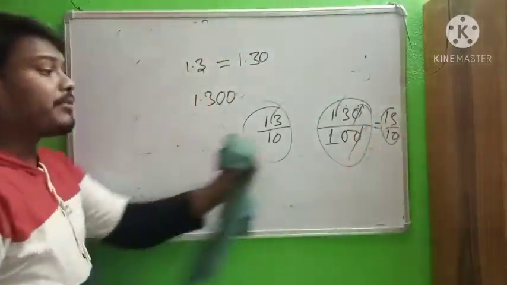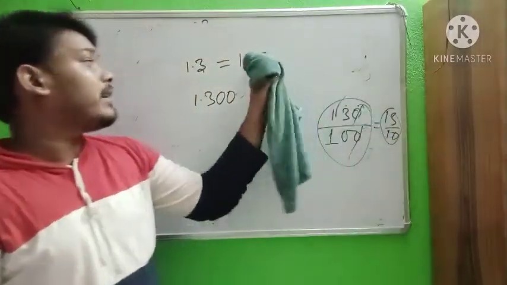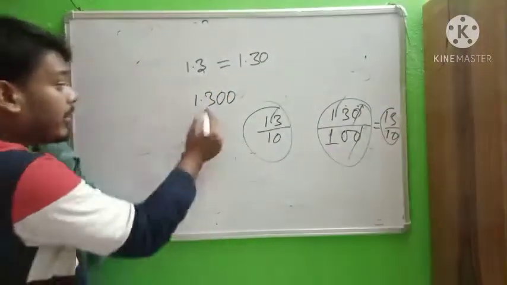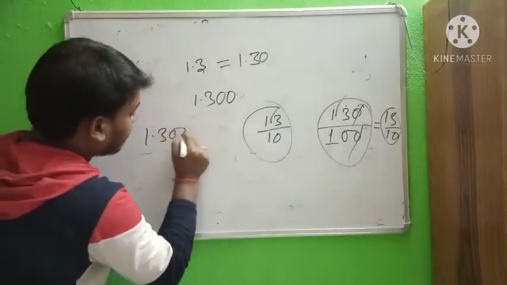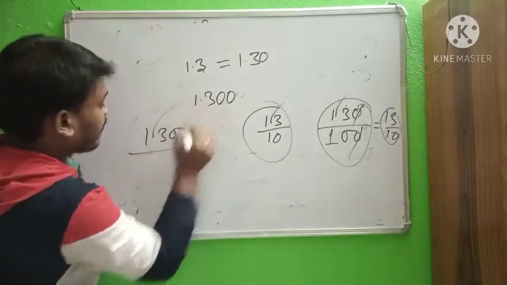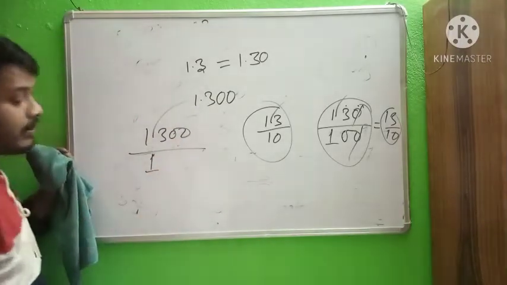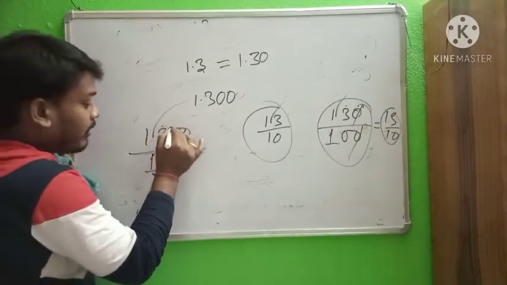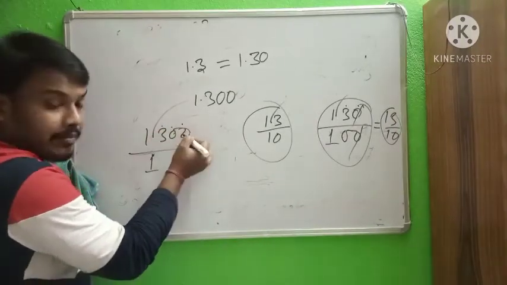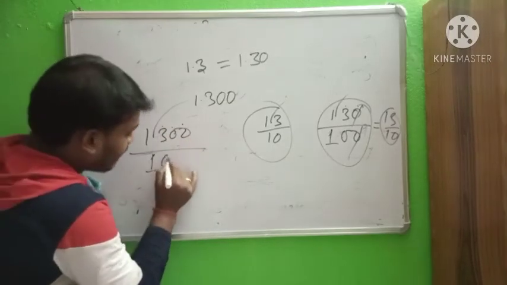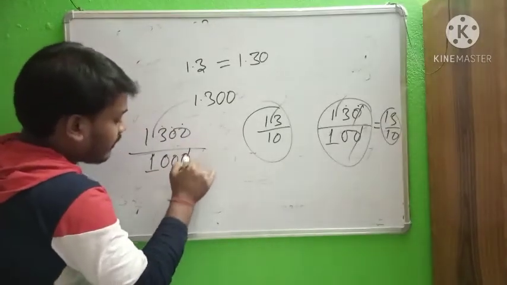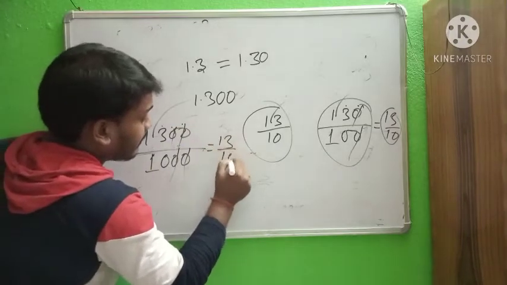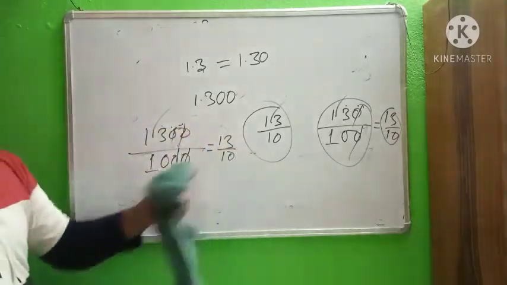That means if we add a 0 after the decimal part, then the value does not change. Here also 1.300, we remove the decimal, take 1 2 3, so after the decimal 3 digits are there, so we take 3 zeros, and 2 zeros will cut, then it becomes 13 by 10.